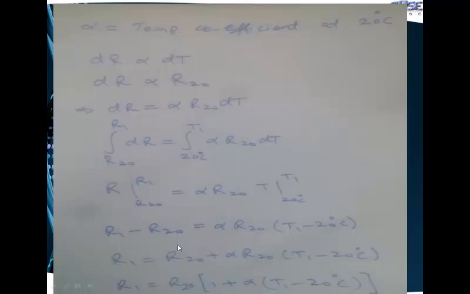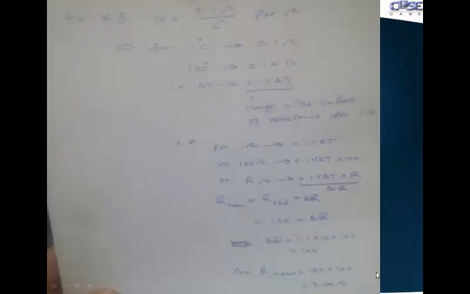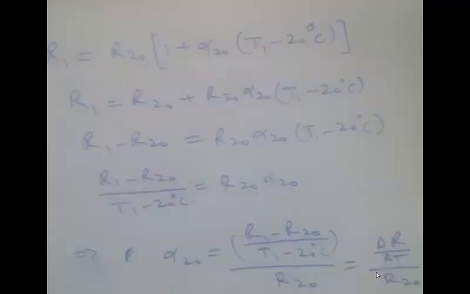So if you put in these limits, this becomes R minus R20, which would be equal to alpha R20 into (T1 minus 20). After rearranging you will get this equation. So this is another way of describing this.